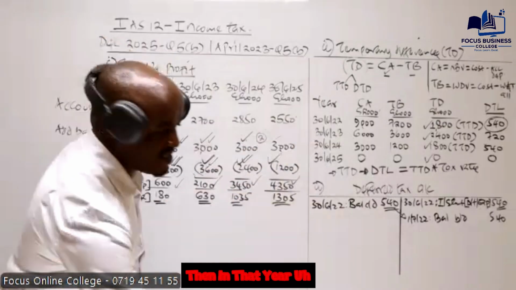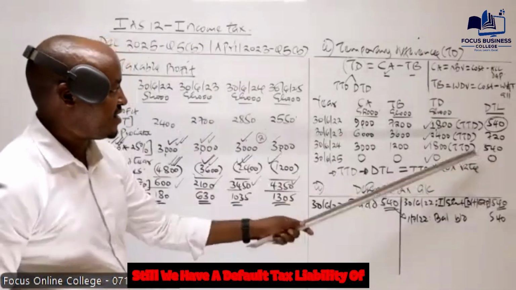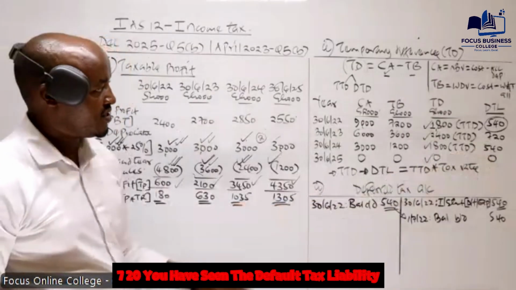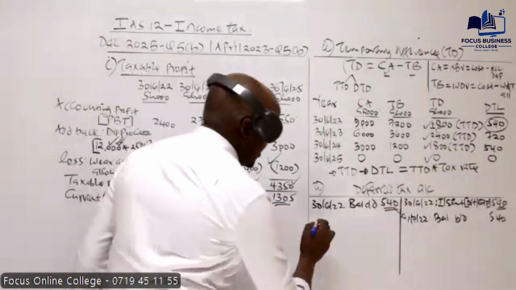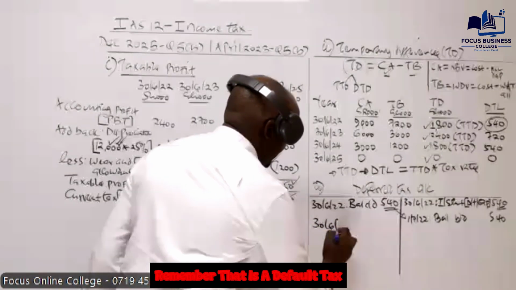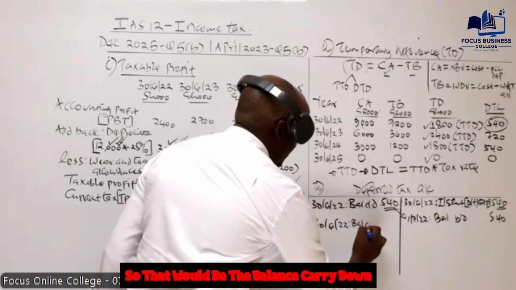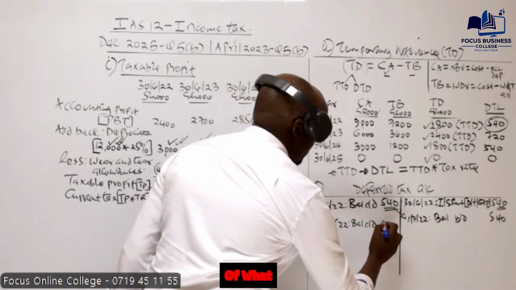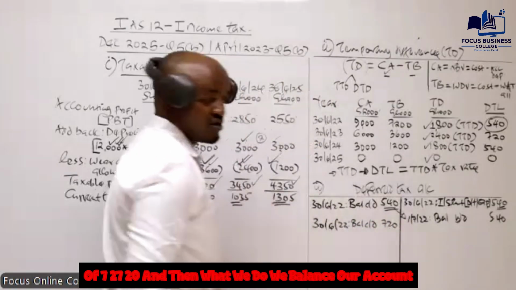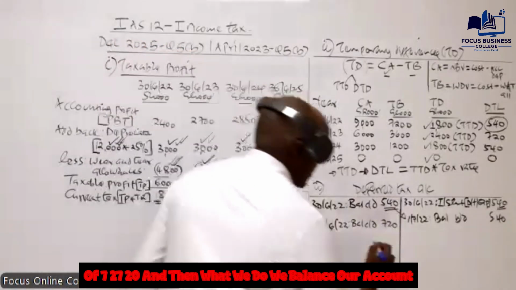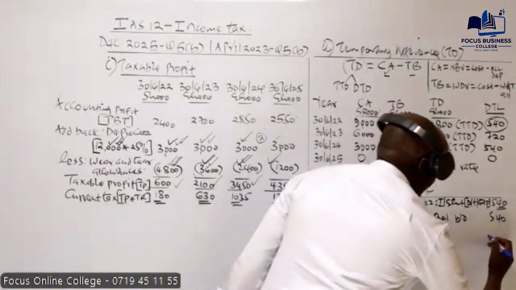Then in that year, we have a deferred tax liability of 720. We have said the deferred tax liability we record on this side, and that is the liability at the end of the year. So that will be the balance carried down of 720. Then we balance our account.